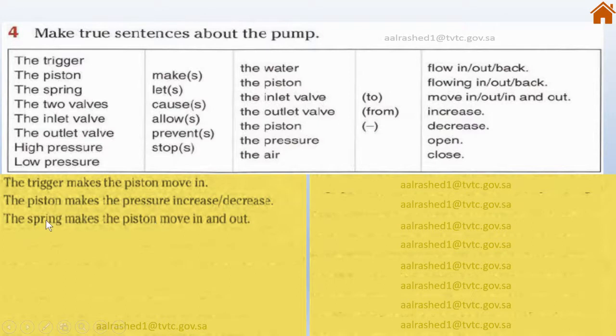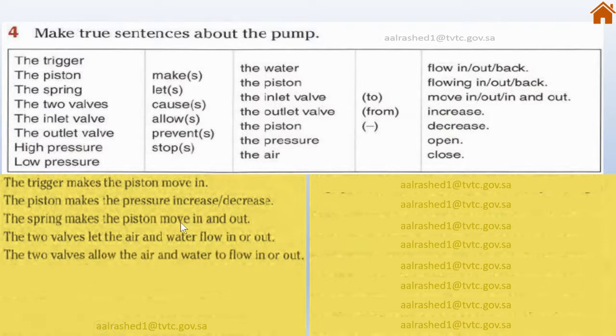I could say the spring causes the pistons to move in and out. Okay, the 2 valves let the air and the water flow in or out. The 2 valves allow the air and water to flow in or out.